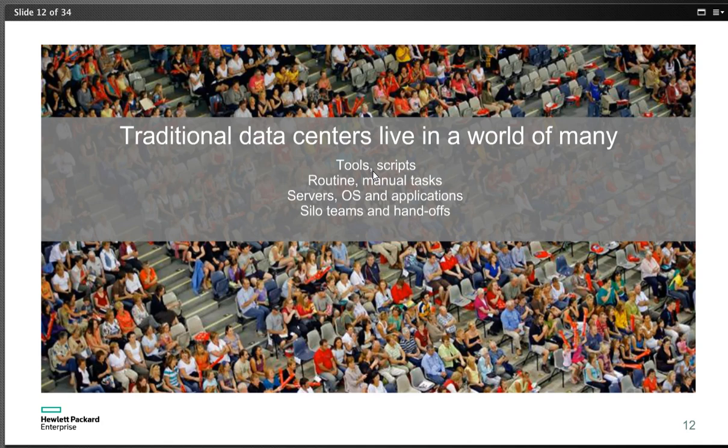The first pain point is centered around this world of many. IT organizations have evolved and they've built their data centers, and they have this world of many, where there are many tools and many scripts and many legacy apps and many routine manual tasks and countless amounts of servers and permutations of those servers, many silos, which lead to many handoffs and in turn many errors and rework.